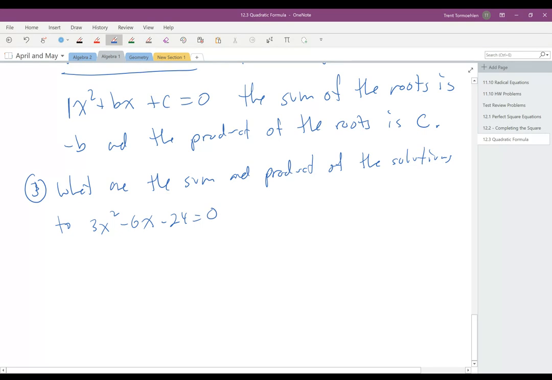Well, when you use Vieta's, since we let the coefficient here be 1, we just need to divide through by 3 to begin. So we divide everything by 3, and we get x squared minus 2x minus 8 equals 0.